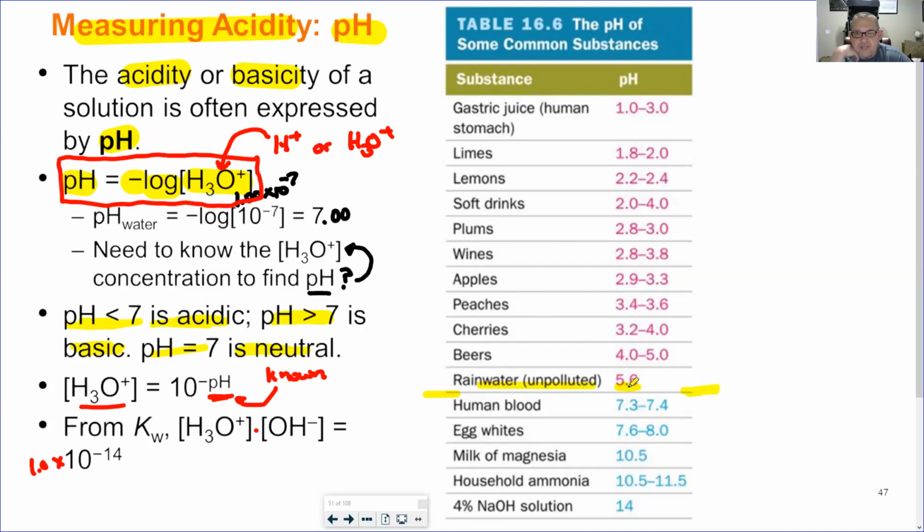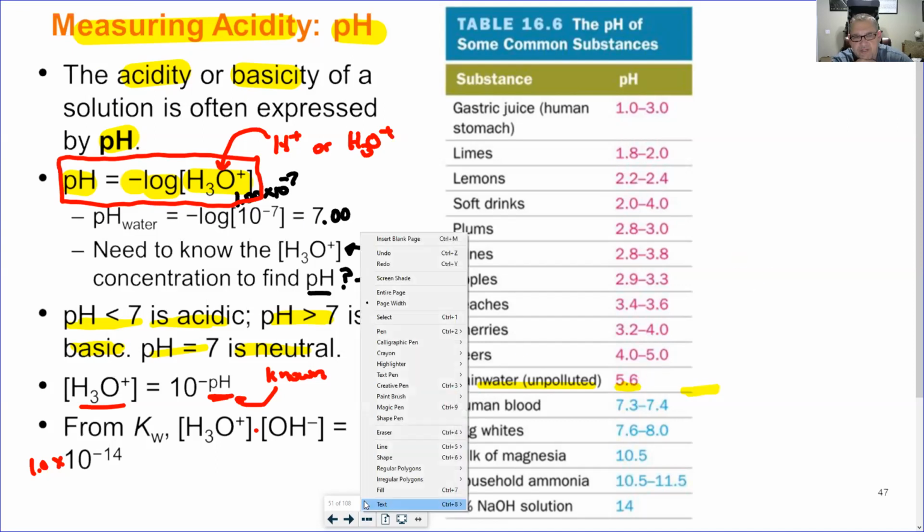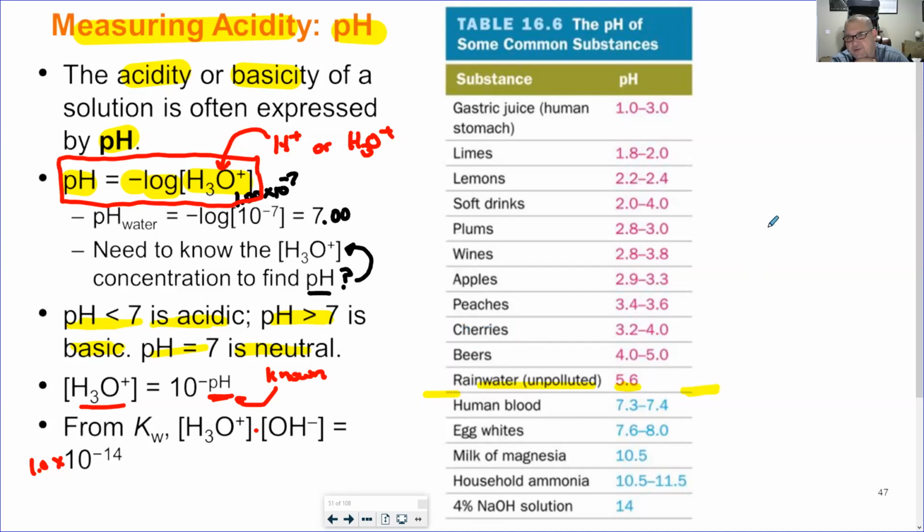And the reason for that is rainwater is saturated with carbonic acid. H2CO3 is carbonic acid, and we know that that's present in the atmosphere today between 400 and 500 parts per million. So there is a significant amount of this that's dissolved in water. And when it dissolves in water, being a weak acid, it can lose its proton to form the proton plus the bicarbonate ion.